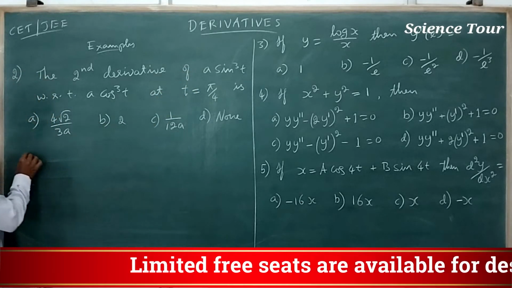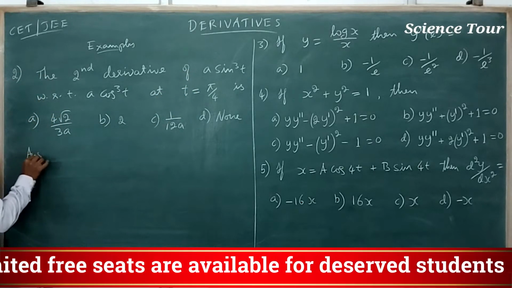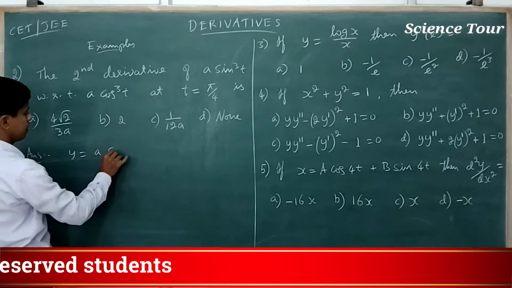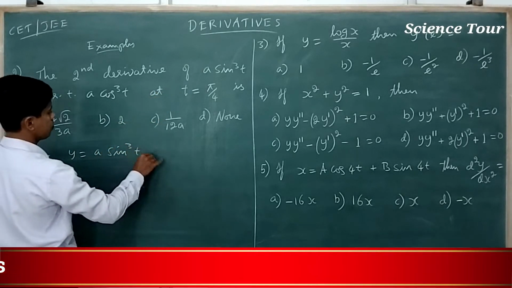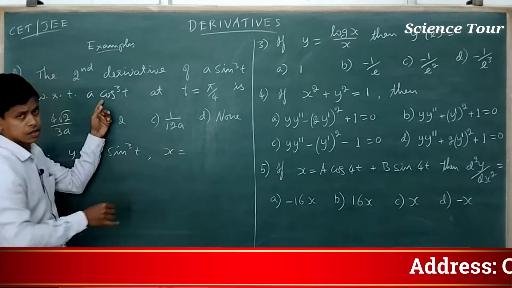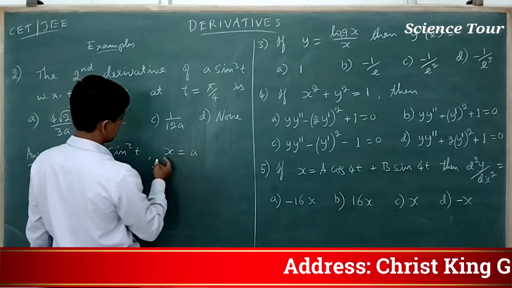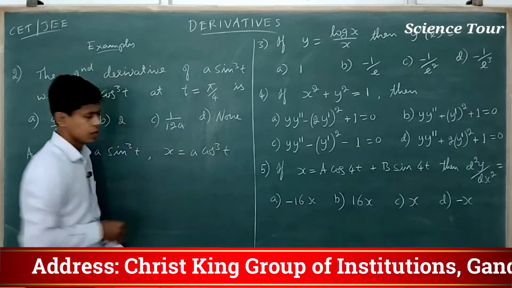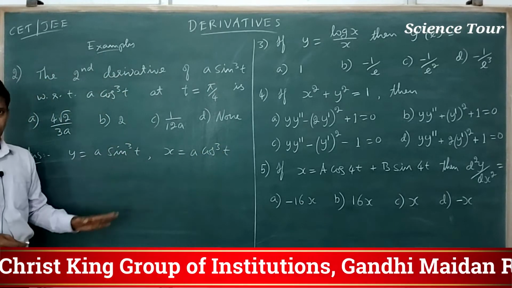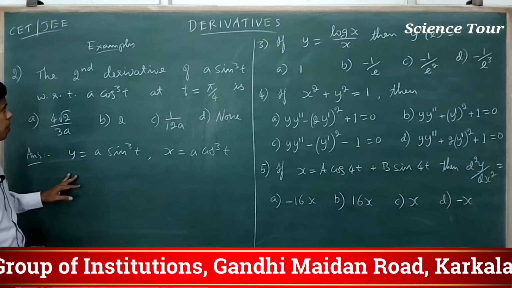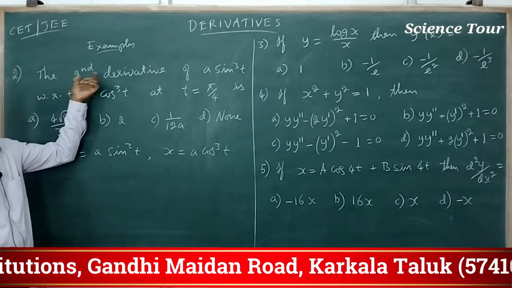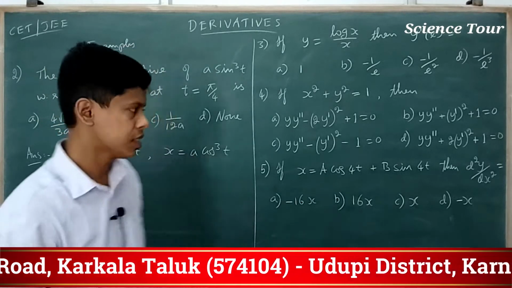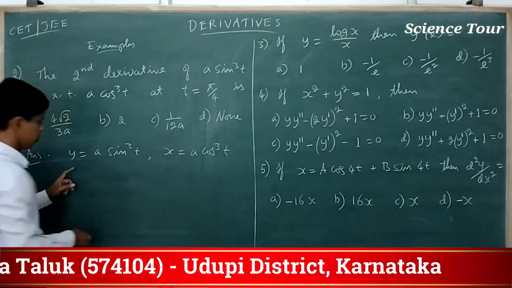Well, so first let me take this as y equals a sine cube t and the second quantity as x, which is a cos cube t. You can take u and v as well, doesn't matter, but we have to find the second derivative of du by dv or dy by dx, whichever is suitable to you.